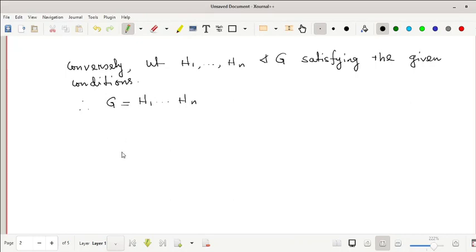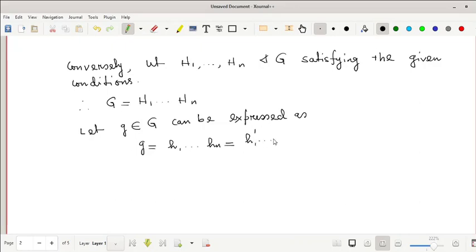Suppose we have two different expressions. Let g belong to G can be expressed as g equal to h1 h2 ... hn equal to h1 prime, h2 prime, ..., hn prime, where hi, hi prime belong to capital Hi for every i goes from 1 up to n.